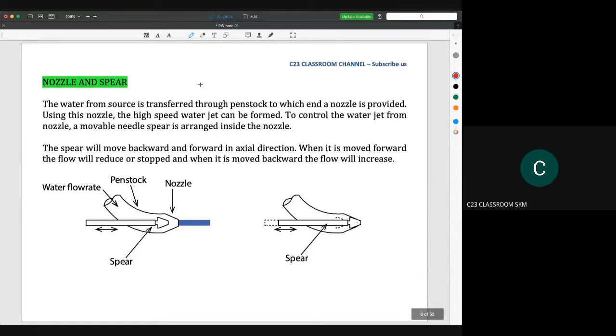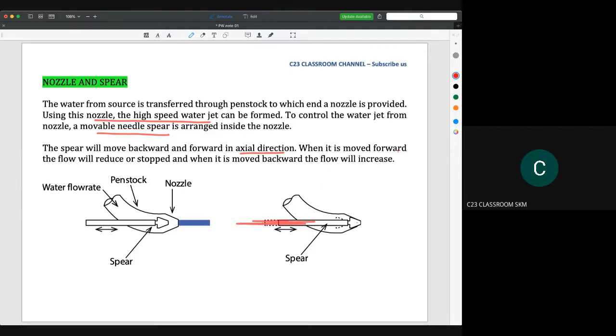Nozzle and spear. The water from the source is transferred through a penstock, to whose end a nozzle is provided. Using this nozzle, the high-speed water jet can be formed. To control the water jet from the nozzle, a movable needle spear is arranged inside the nozzle. The spear moves backward and forward in the axial direction. Axial direction means this direction.